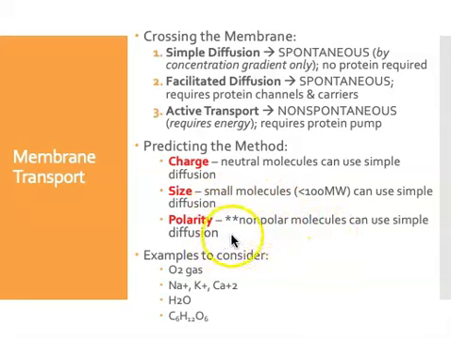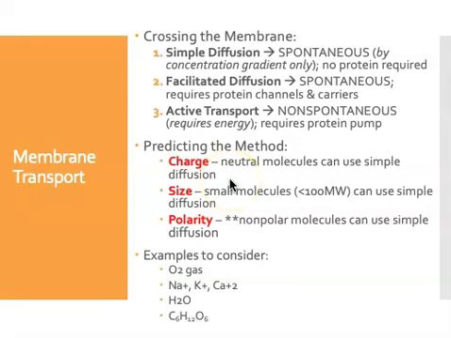Now, I have a couple of asterisks here, and that's because polarity is not absolute. In other words, when we look at molecules, we can't say this is polar, this is non-polar. It's a relative scale of polarity. Some things are more polar than other things. Some things are less polar. Some things are non-polar. It's a spectrum, this concept of polarity.